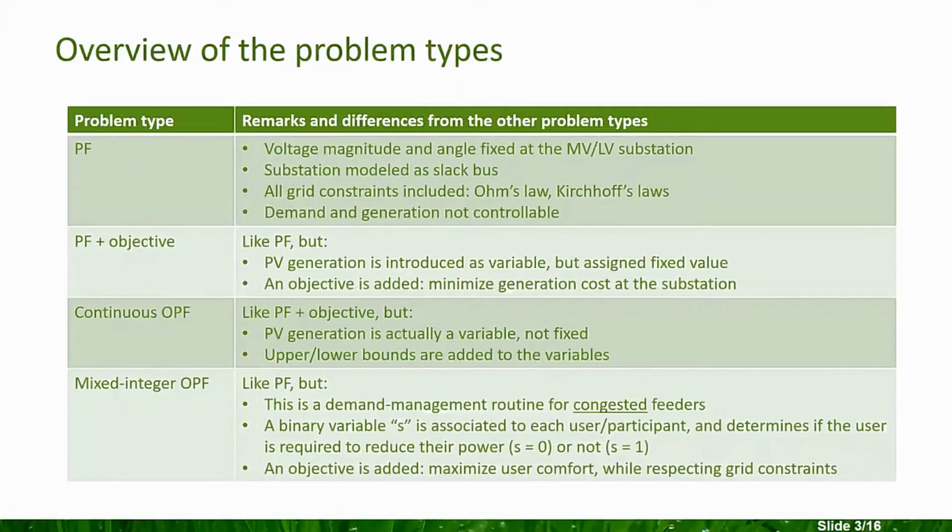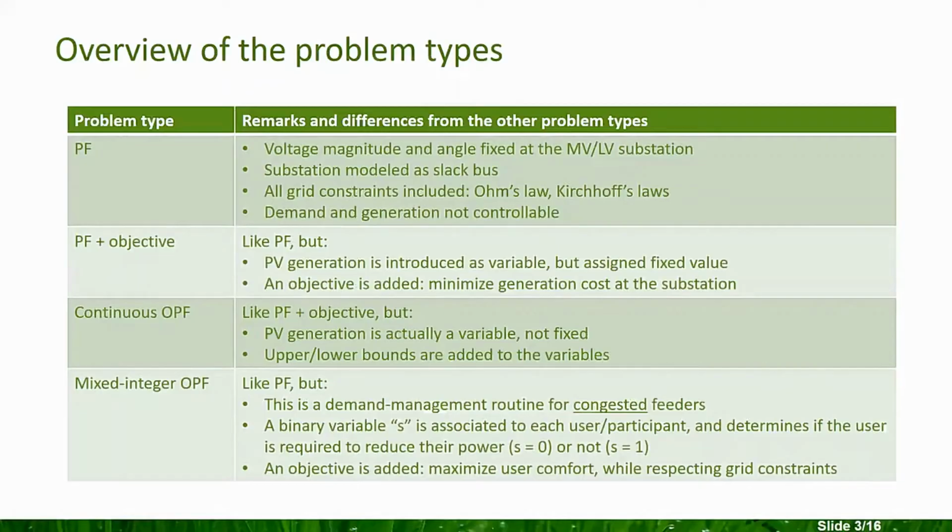The continuous OPF, on the other hand, really sees the power injections from the PV panels as a variable, and they're dispatchable, they're not fixed, and upper and lower bounds are added to all variables.